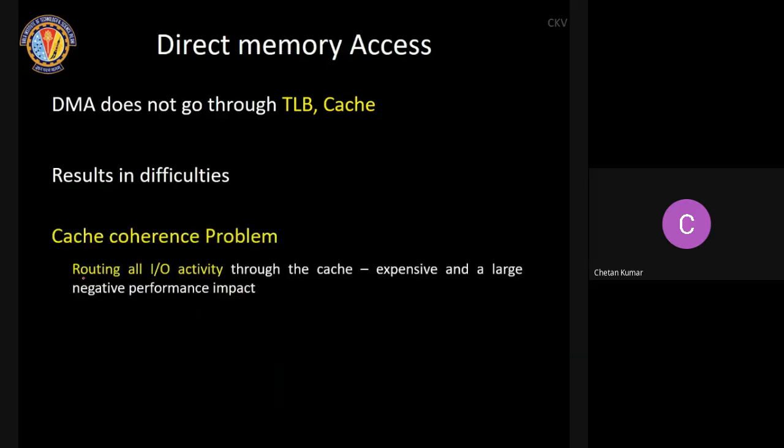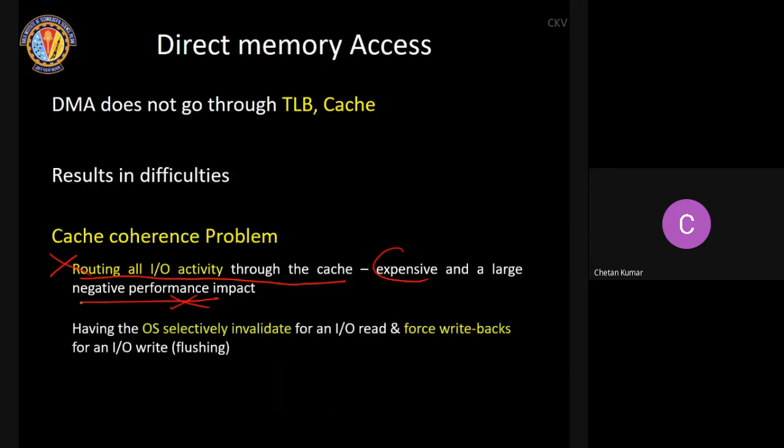So what you do is you either route all IO activity through the cache. That is one solution. But it's very expensive and it has a negative performance impact, because once you involve the cache, the processor might not be able to access the cache at that time. So this is not the right way to go. So what you can do is the OS can do a few things here.